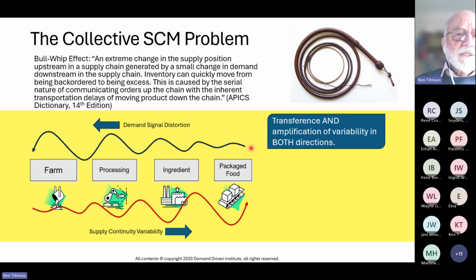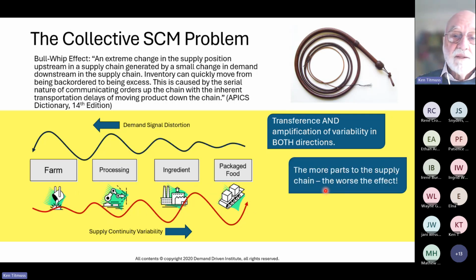So as we send demand signals up the supply chain, we get this signal distortion. And we get the same thing happening coming down with regards to materials. So we get the supply continuity variability. So if the farm has a drought and they can't produce the products, then we have a problem with processing and the ingredients and finishing up with the packaged food at the end of the day.